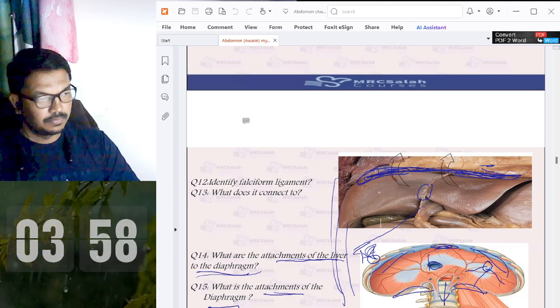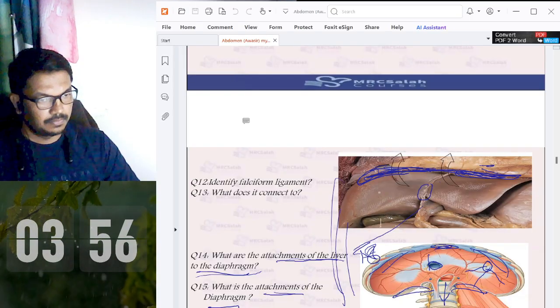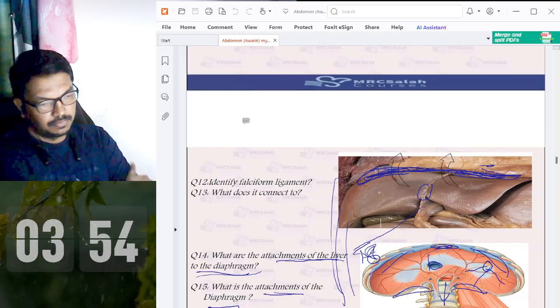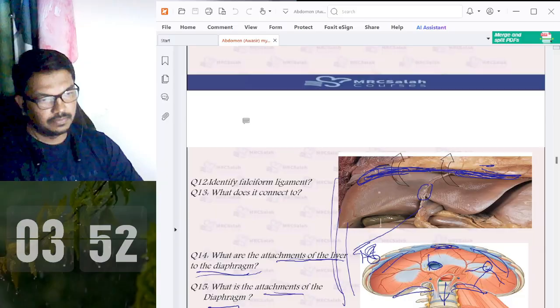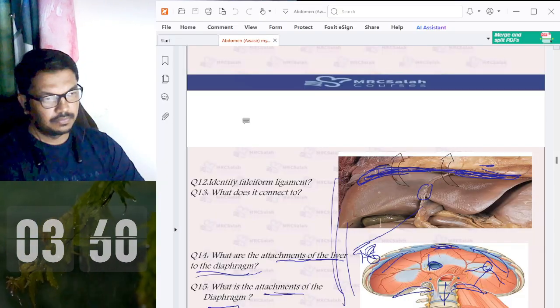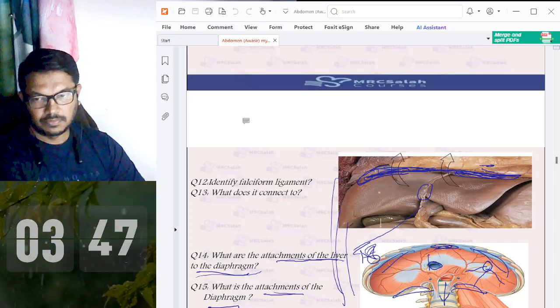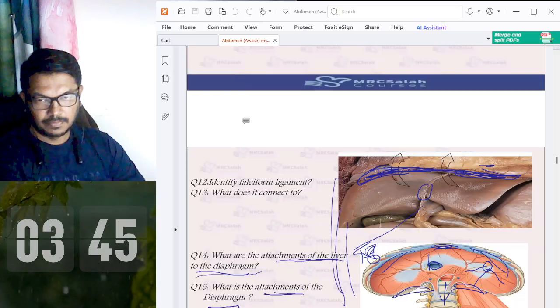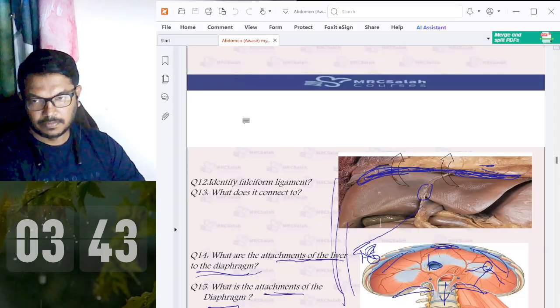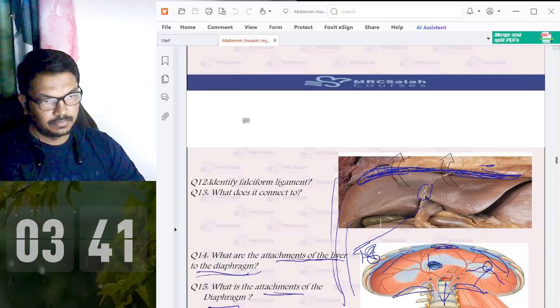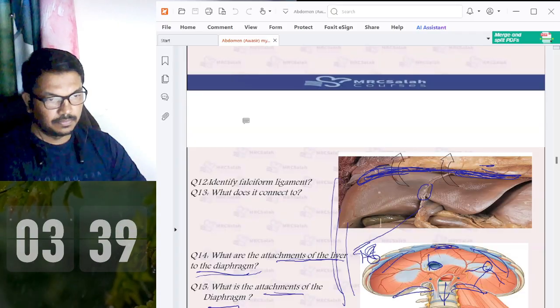The medial arcuate ligament extends from the body of the lumbar 1 vertebra to the tip of the transverse process of the lumbar 1 vertebra, and the lateral arcuate ligament extends from the tip of the transverse process of the lumbar 1 vertebra to the 12th rib.